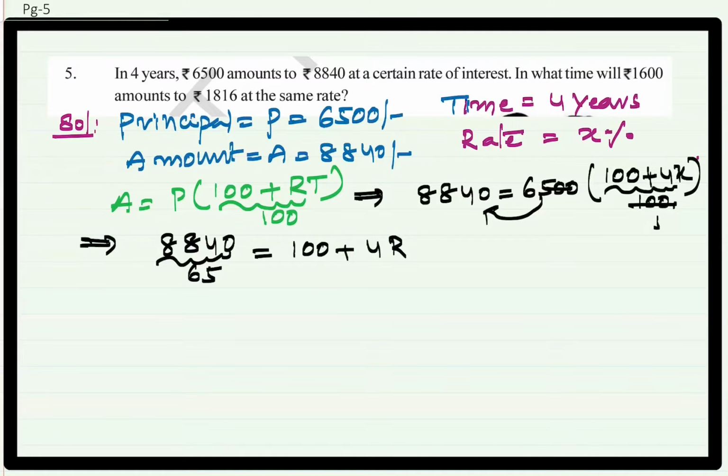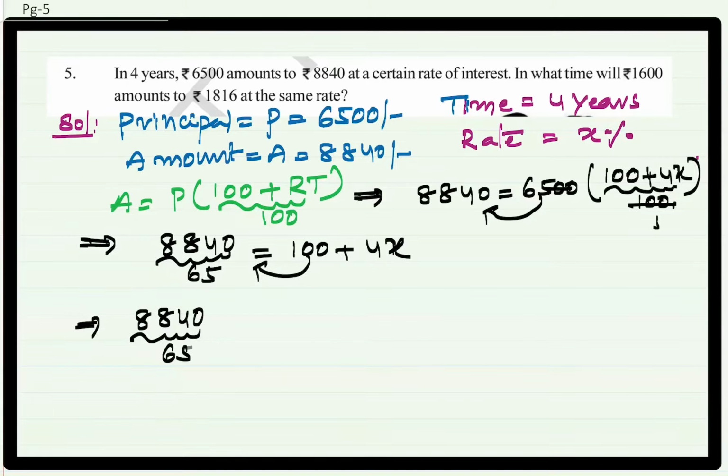Here 4 is the time and R is X, so we can write 4X. Now in the next step, this 100 we have to transpose from right to left. So it becomes negative, means minus. So 8,840 divided by 65 minus 100, you can write in the denominator 1, equal to 4X.